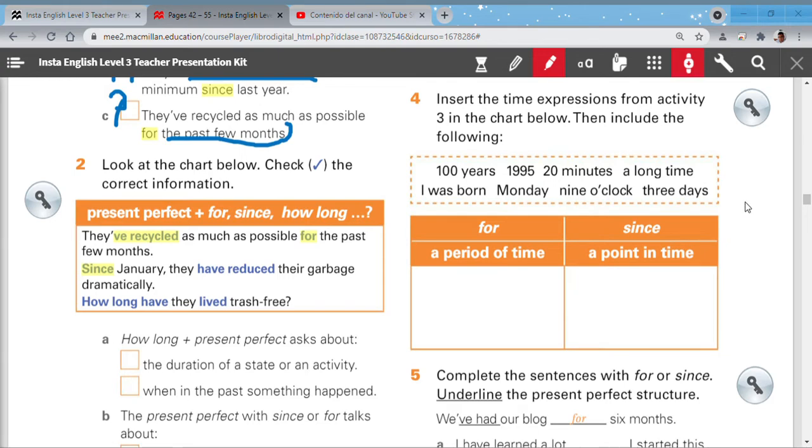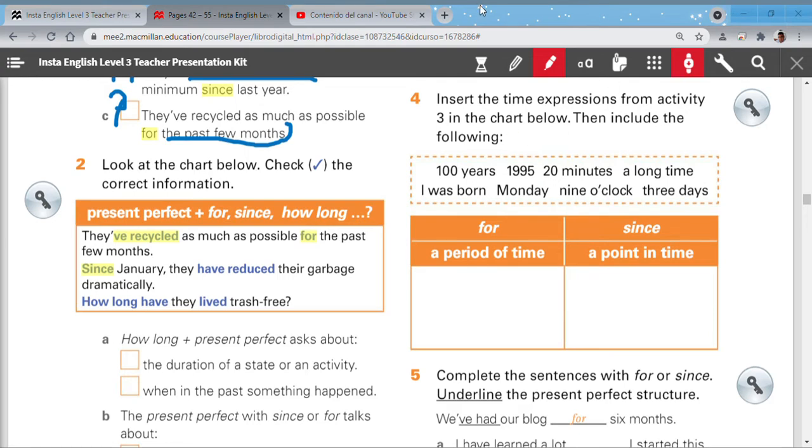For me, today is Saturday, but our classes are going to be from 3, 4, 5, 6, and 7. For example, the boys are going to be 3. For the ladies, 7. So, since January until your day of class, they have reduced their garbage dramatically. So, it's a period of time until now.